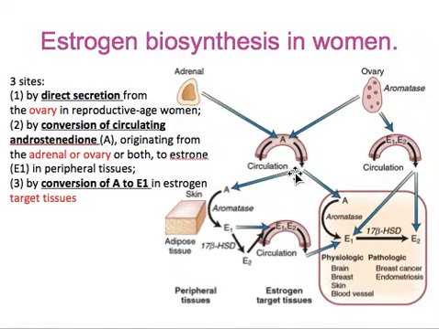Your androstenedione will be converted in the peripheral tissues to your estrone E1 and your estradiol E2, or within the estrogen target tissues themselves, the conversion of your androstenedione to your estrone, and then later to your estradiol. So you have three sites of estrogen biosynthesis in women, not just in the ovaries, also in your peripheral tissue, specifically your adipose tissue and your estrogen target tissues.